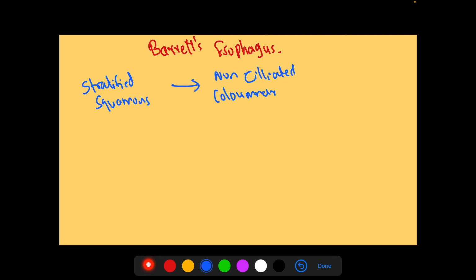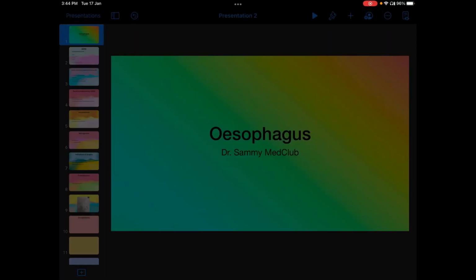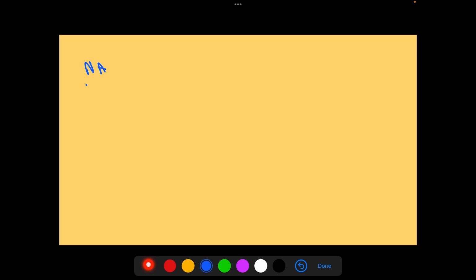This is most probably caused by long-standing GERD due to damage of the squamous epithelium. Barrett's esophagus is most common in the North American continent, in developed nations, or in Western countries.